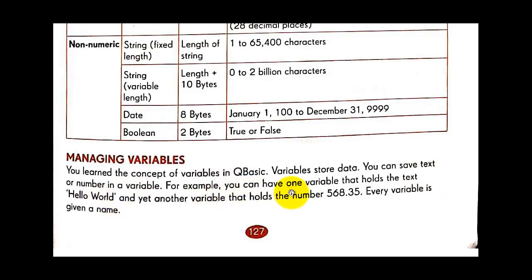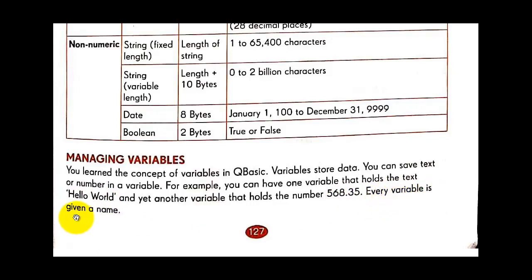For example, you can have one variable that holds the text hello world, and yet another variable that holds the number 568.35. In a variable you can save both text as well as numbers.